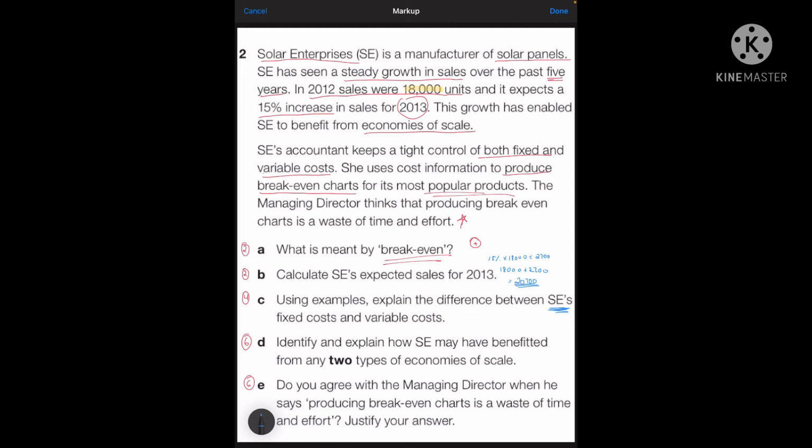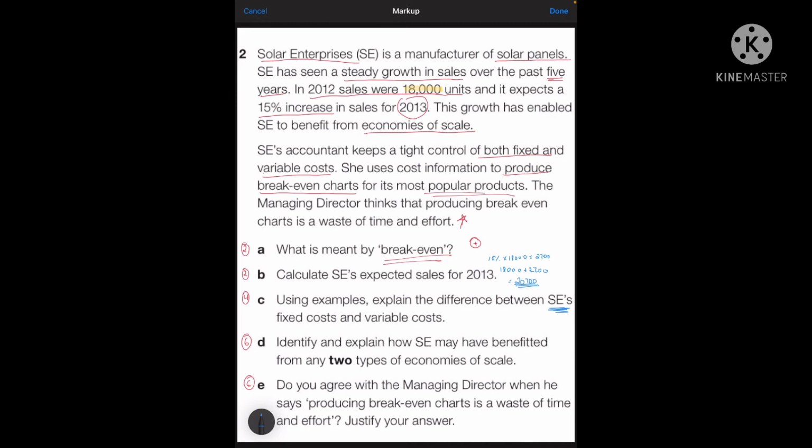So you can say that the rent required to maybe rental lease or mortgage payments, or the electricity in the firm which is required for the manufacturing of solar panels, maybe insurance. So such examples you can give for fixed cost. Now variable cost, you could say variable costs are the costs that vary with the change in output.